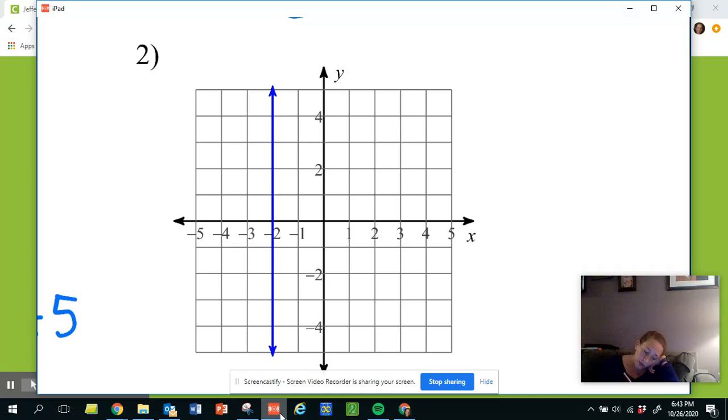And if you'll notice, no matter what point you have here, all of the x's of every point on a vertical line are -2 in this case. So the equation for a vertical line is just x equals whatever number where it touches x. So x equals -2. If you get confused on whether it's x or y, just look at which axis it actually touches. It touches the x-axis, so it's x equals -2.